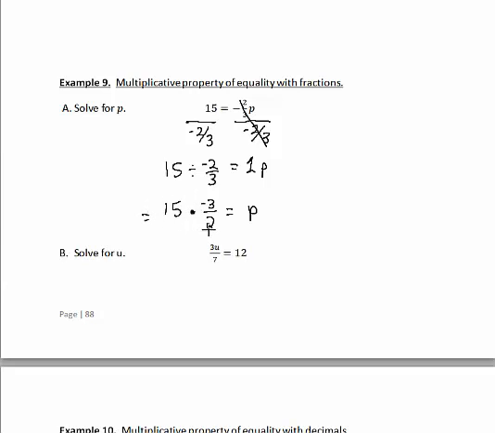And now on the left, if I multiply 15 by negative 3, I get a negative 45. And then if I multiply the 2 by the denominator of the 15, I get a 2. And so our answer P is negative 45 divided by 2.